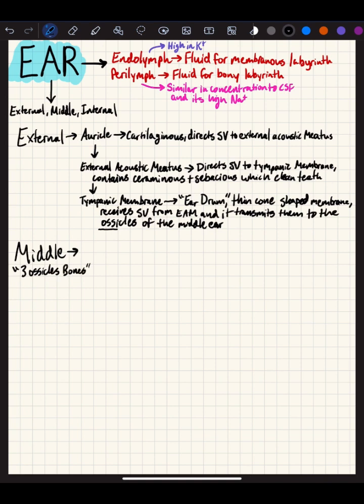make up the middle portion of the ear, and the first one is the malleus. Now, this is also referred to as the hammer. And it's actually connected to the tympanic membrane.